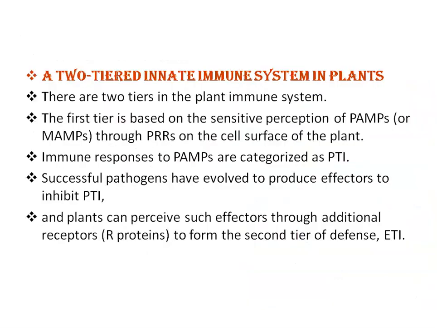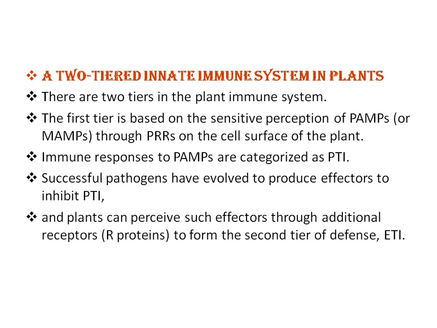Second is the two-tiered innate immune system in plants. As I already told you, plants lack mobile defender cells and a somatic adaptive immune system. Instead, they have evolved an innate immune system. So there are two tiers in the plant immune system.